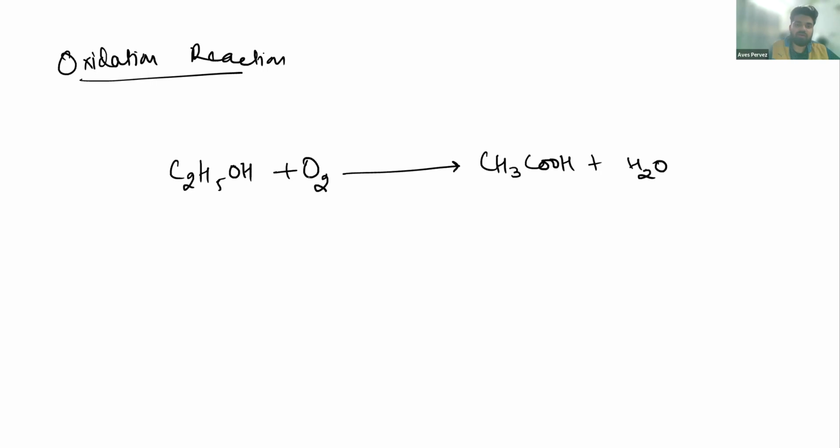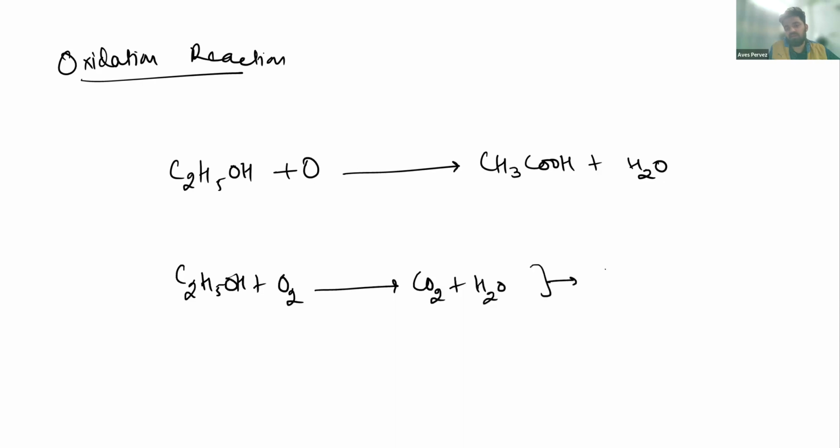But here we are not going to give oxygen in the molecular form. You need to keep in mind that if you burn it with oxygen, it becomes a combustion reaction. Ethanol reacting with oxygen in the molecular form gives you carbon dioxide and water. This is a combustion reaction.